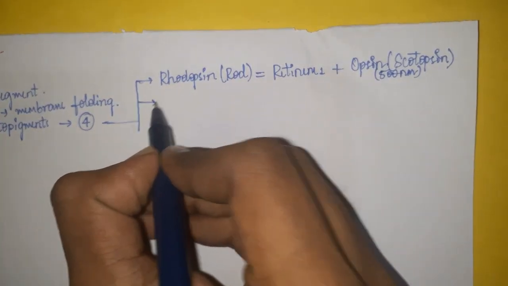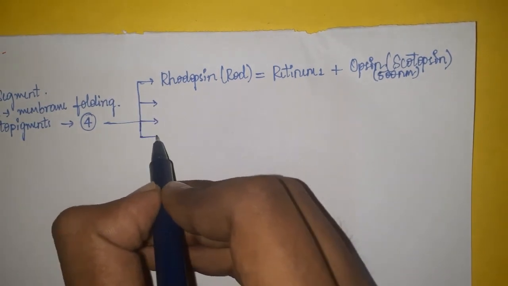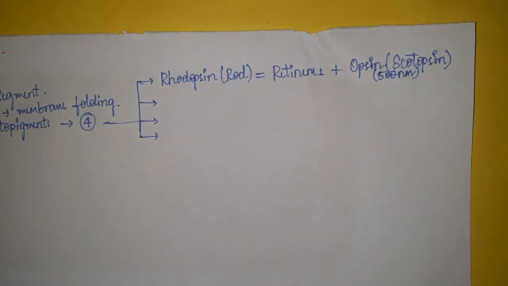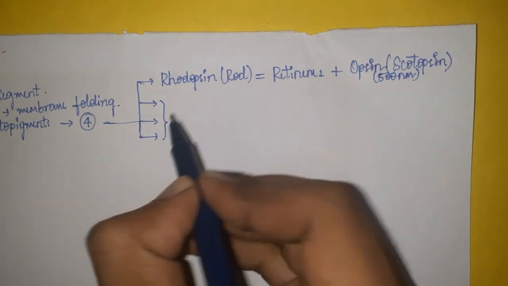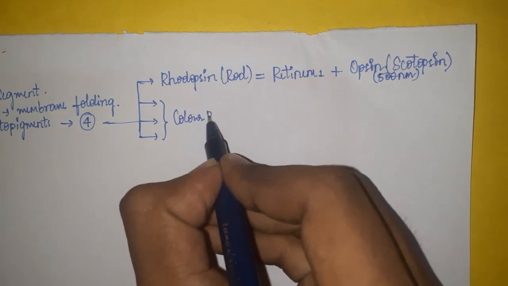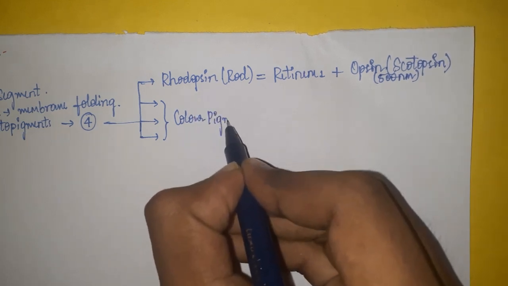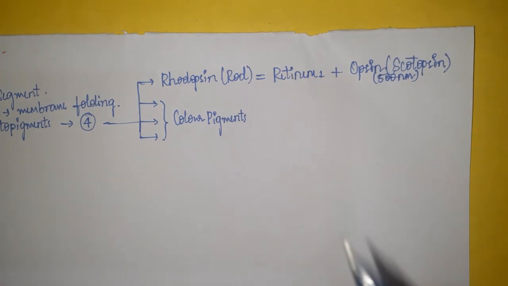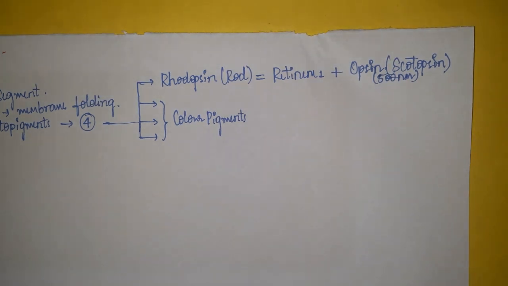Now, I said there are three light sensitive photopigments present in cones. All these three are called color pigments. You know, cones are active towards color vision, but rods are active towards dim, dark vision. Remember this.